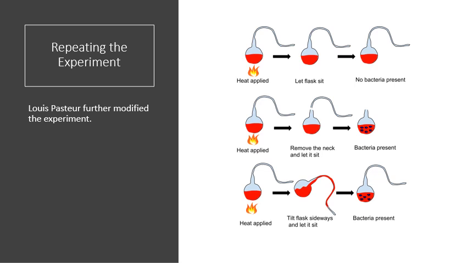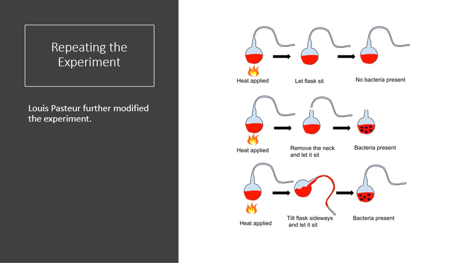What he did was he created this flask that has this swan neck to it. So when you had a Luria broth or something that grows bacteria well, you can boil it. The steam could escape out of that vent, that swan neck, in one direction, but bacteria couldn't get back in because the bacteria would get caught in that little elbow, so they couldn't go all the way back in.